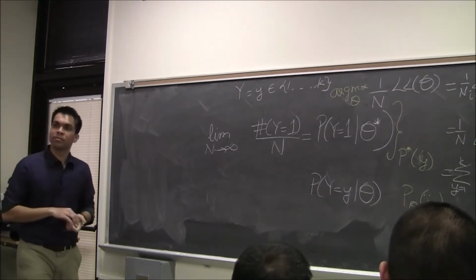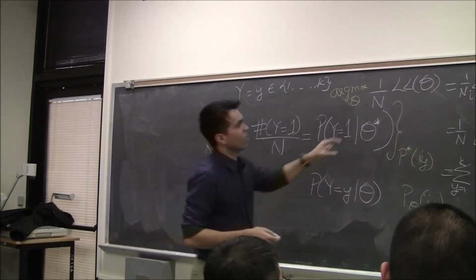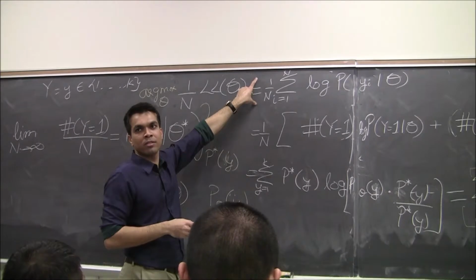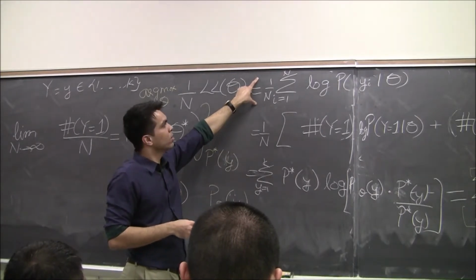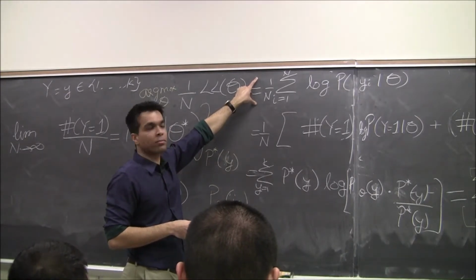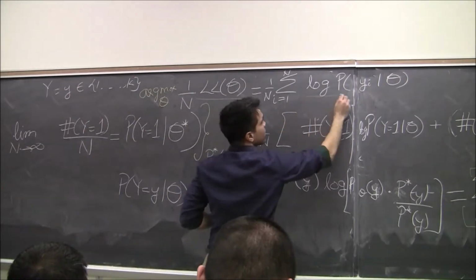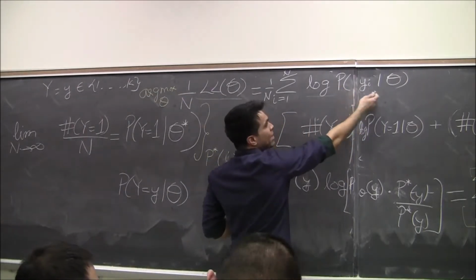Yes? I'm just having trouble understanding the very first line, where you're saying that the log likelihood is equal to that summation. Yeah. So this is just the definition of log likelihood, right? This is the likelihood factorized.